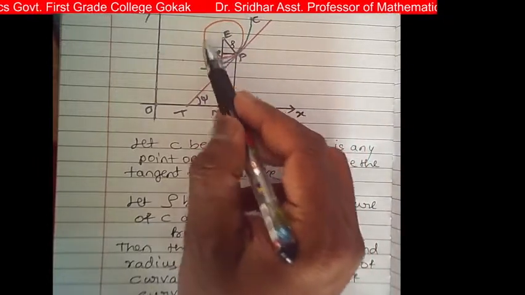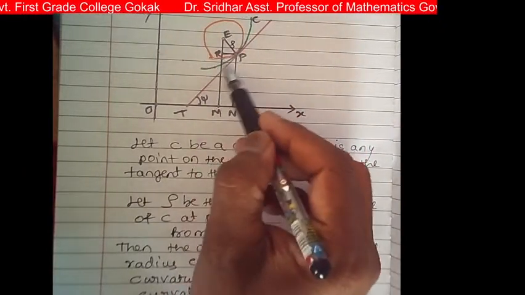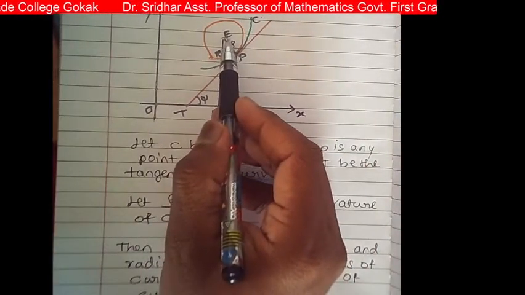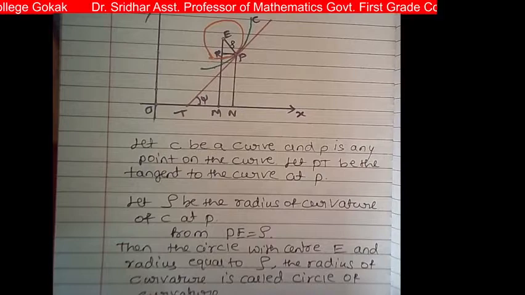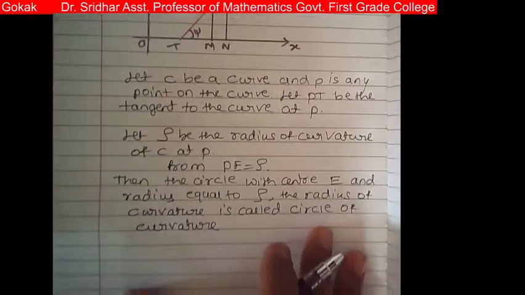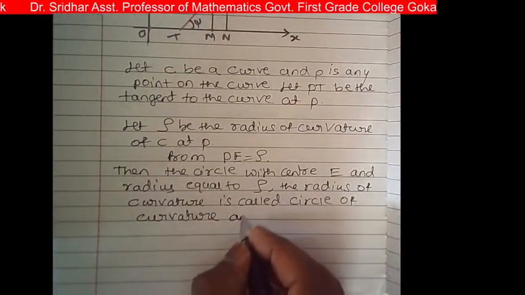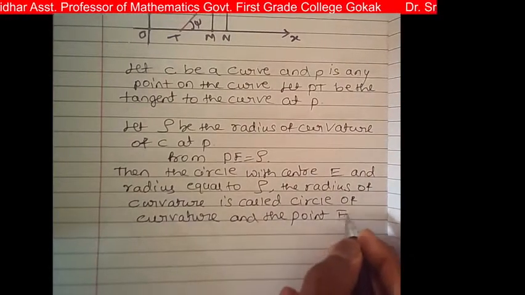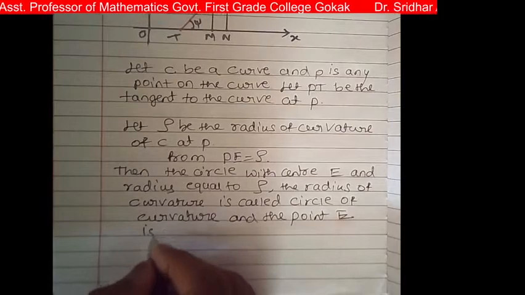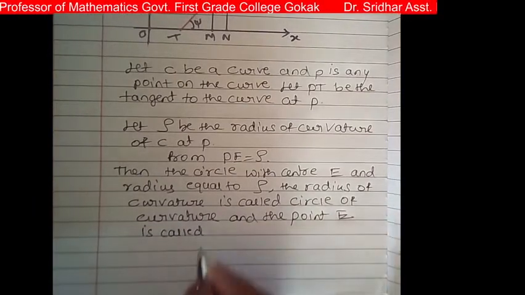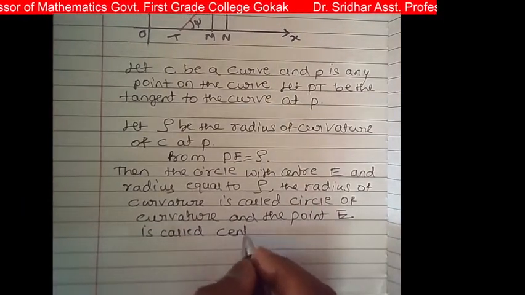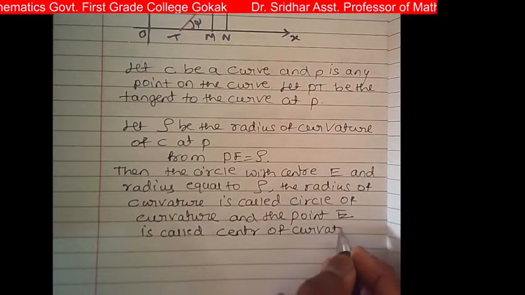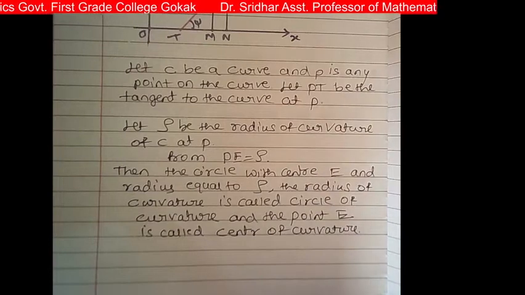Then this circle is known as the circle of curvature, and this point E is known as the center of curvature.